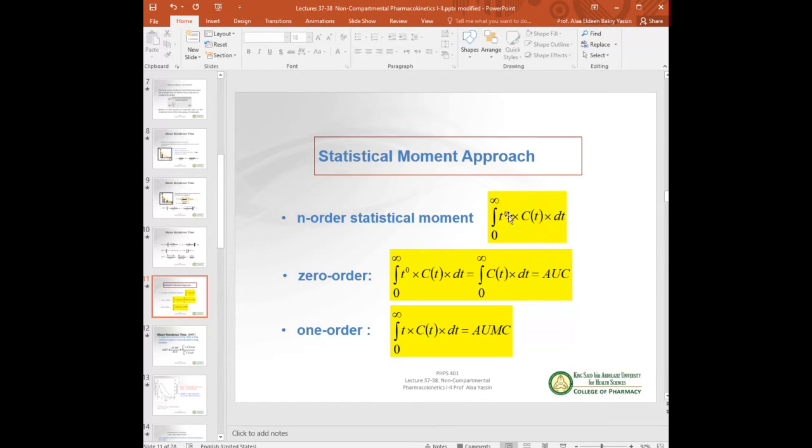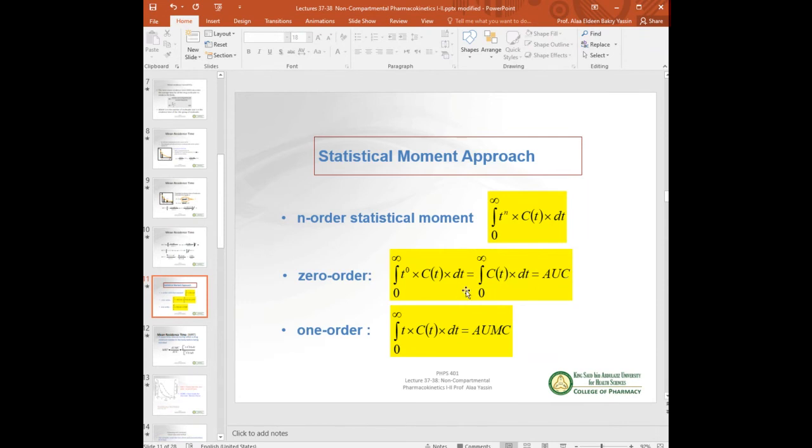So if n is 0, the value of t to the n is always 1, and this will be the integration of C multiplied by dt, with limited integration over time. So this will end up with the AUC.